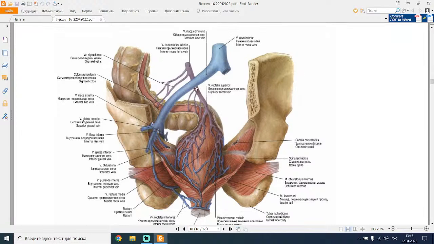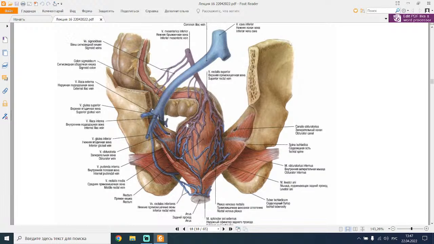What you see? Vena rectalis superior drains into vena mesenterica inferior, and vena rectalis media drains into vena iliaca interna, and vena rectalis inferior drains into vena pudenda interna.